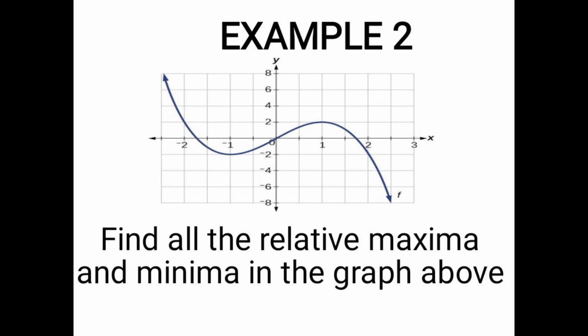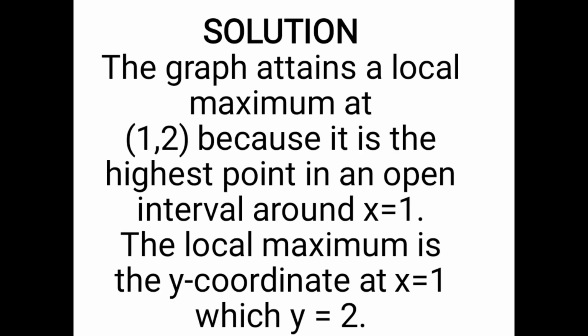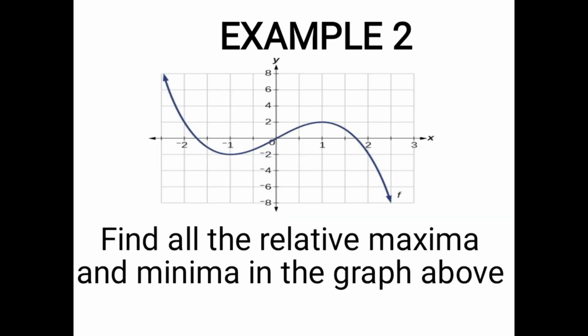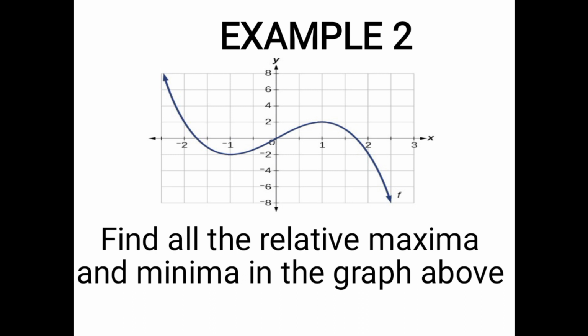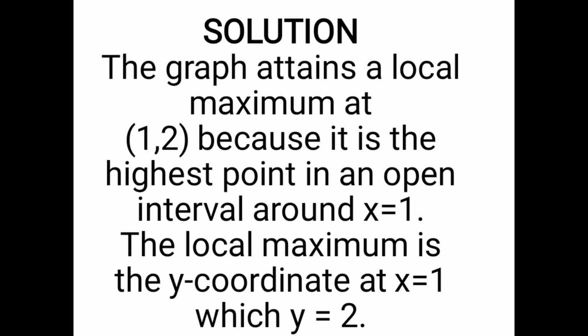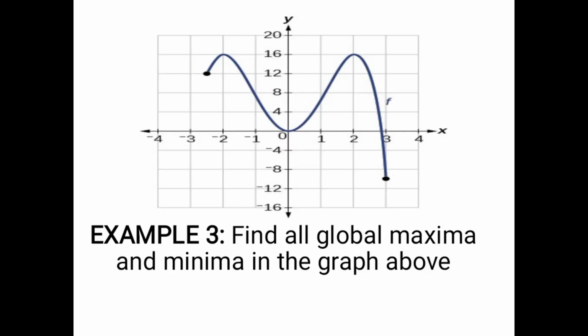For the minimum, at x equals -1, f of -1 gives -2. So the graph attains a local maximum at the point (1, 2) because it is the highest point in an open interval around x equals 1. The local maximum is the y-coordinate at x equals 1, which is y equals 2.